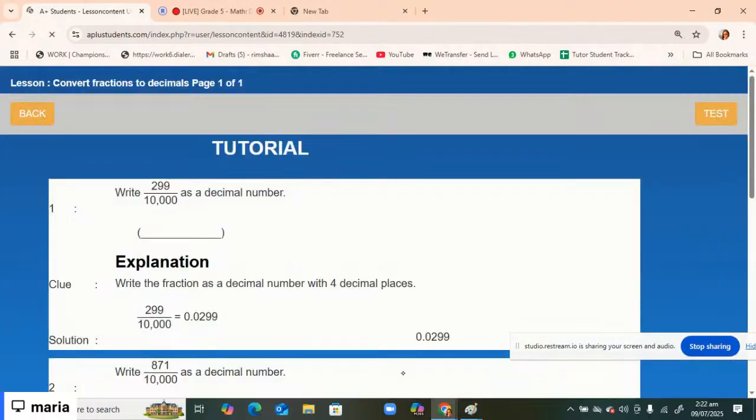In most of the cases, we are going to convert the fraction into decimal, and in some cases, we are going to see how to convert decimal to fraction. Okay.